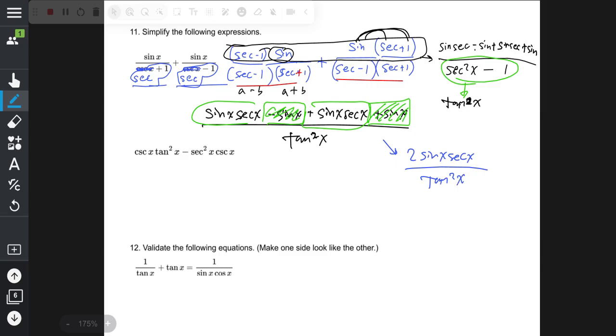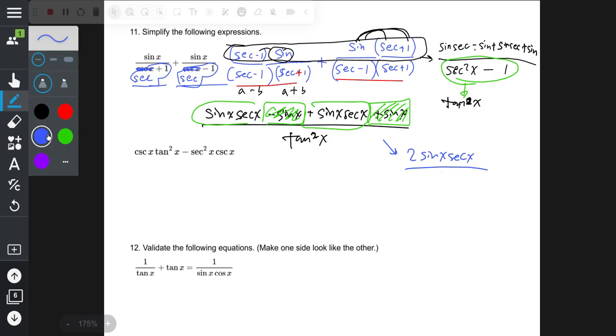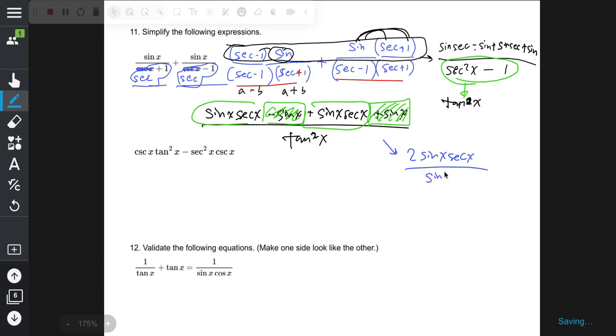What is tan squared of x? Since this is essentially a fraction, I'm going to turn it into sine squared x over cosine squared x, which is the definition.